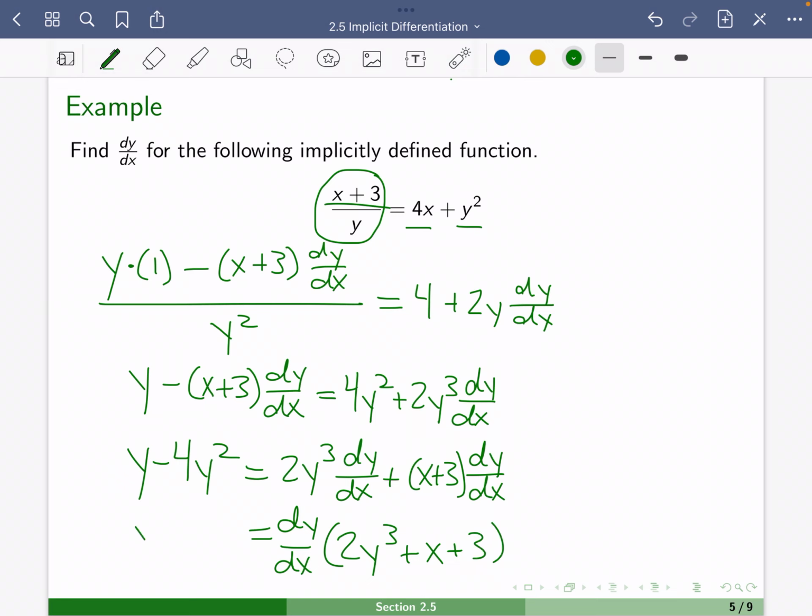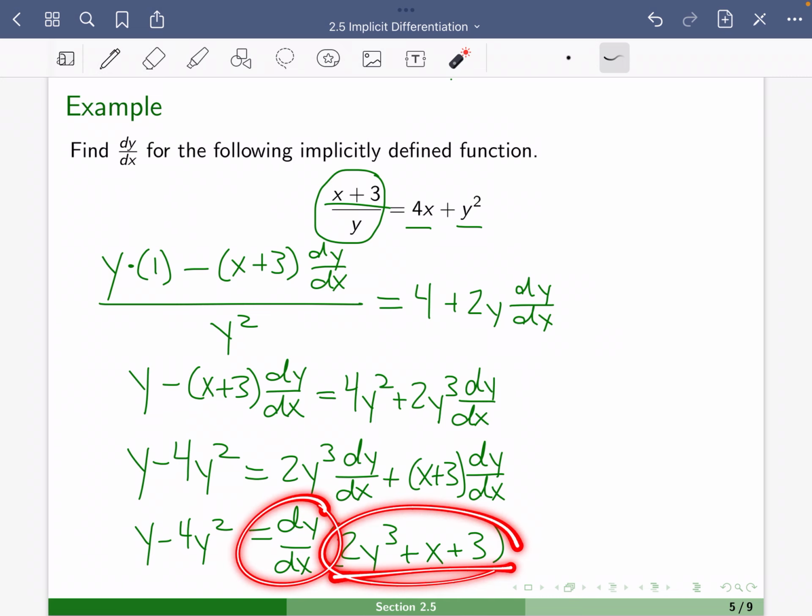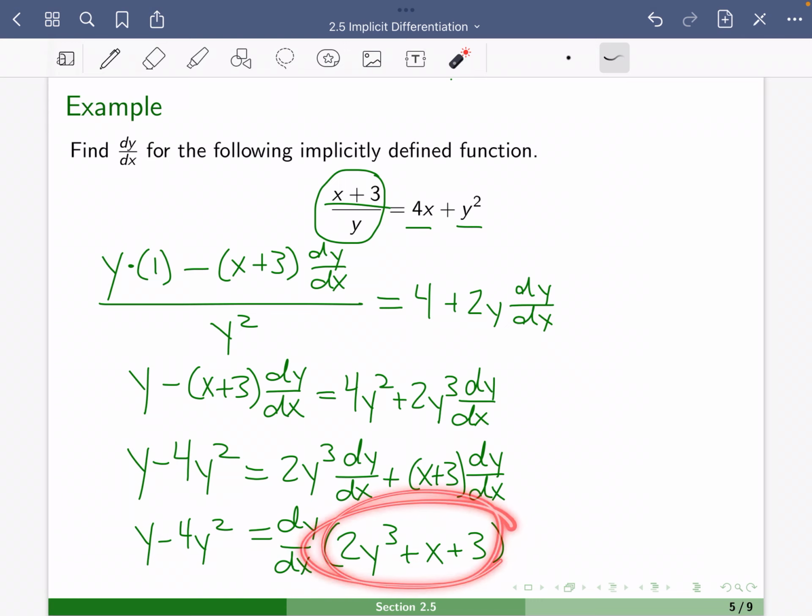And if we factor out that dy/dx, we have 2y cubed plus x plus 3 times dy/dx. And finally, to get dy/dx all by itself, we are going to divide by that.